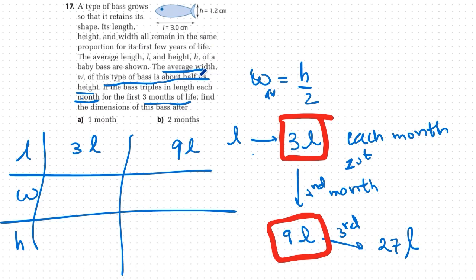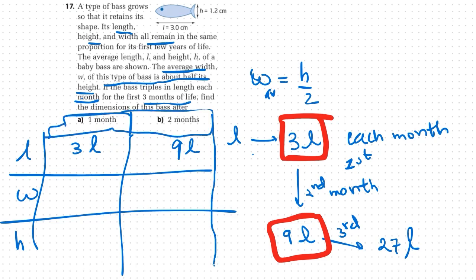No. So length, height, width remain in the same proportion. Length triples after first month. Length triples after second month, again triples. So height value also triples. Any doubt? No.